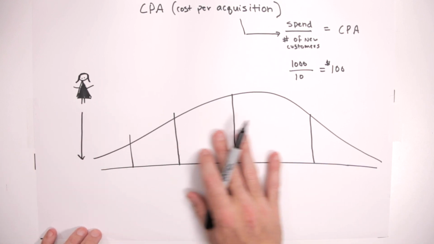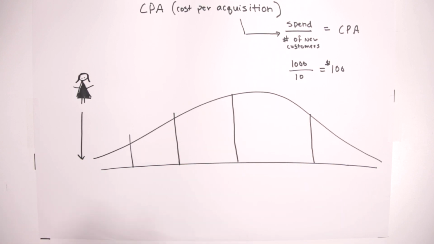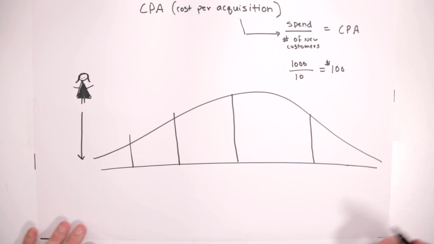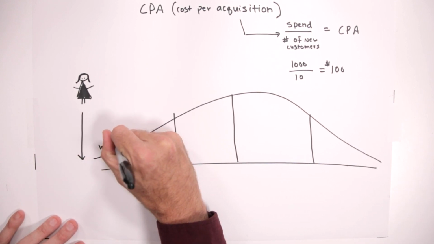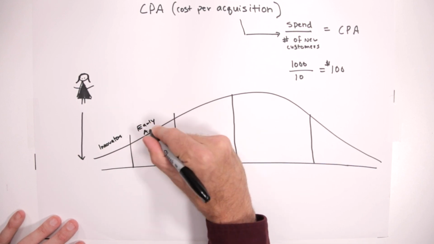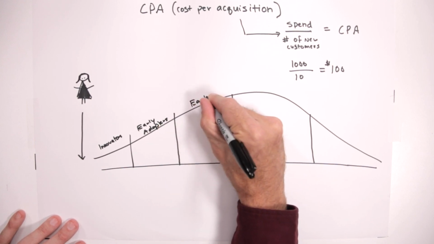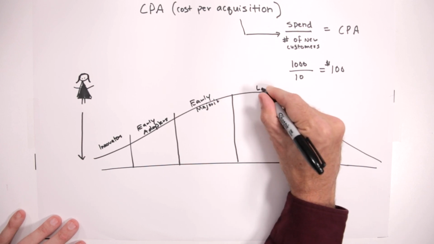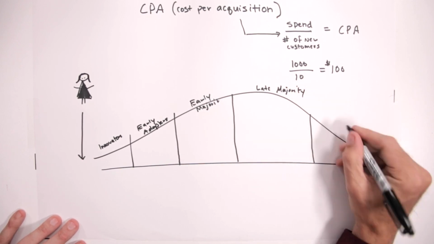So here we have this traditional customer adoption bell curve. If you've ever taken a marketing class in your life, you've probably seen this. This represents the total market, and it moves from what we call innovators to early adopters, to the early majority, to the late majority, to the laggards.